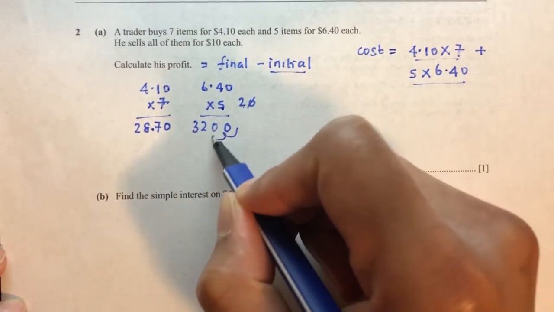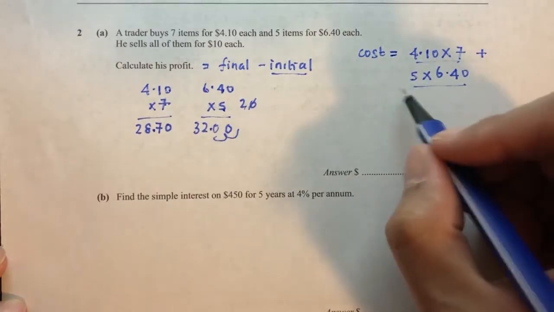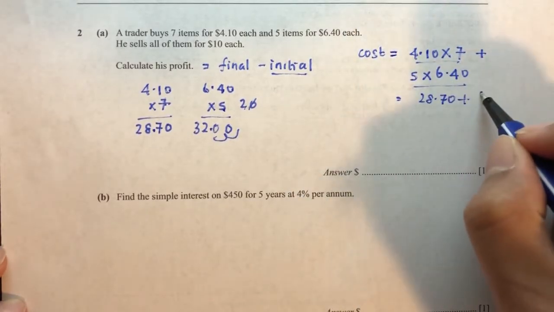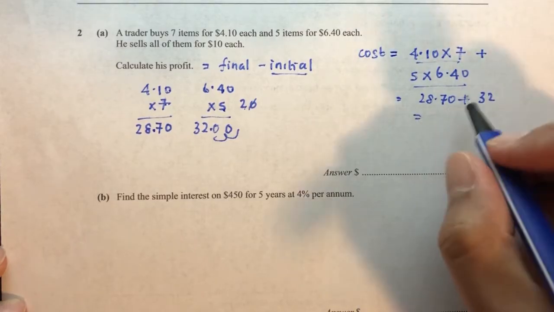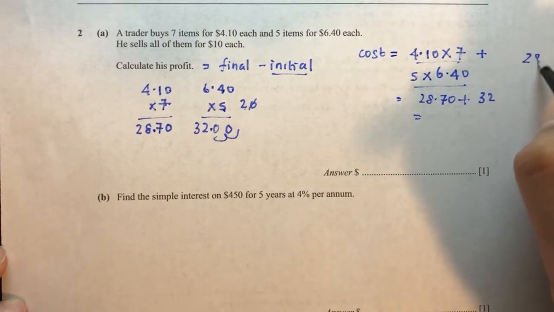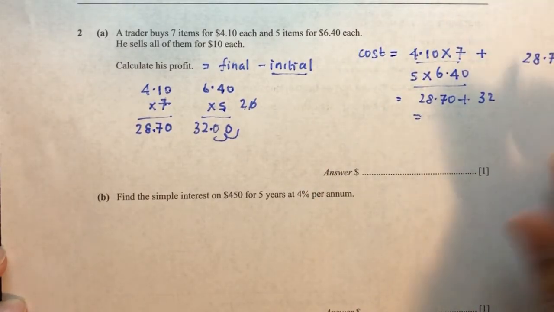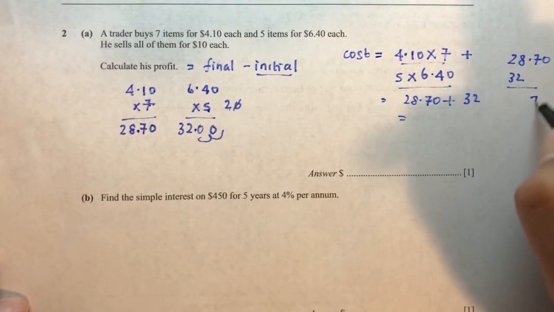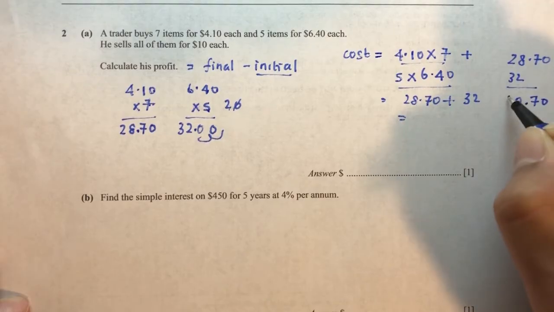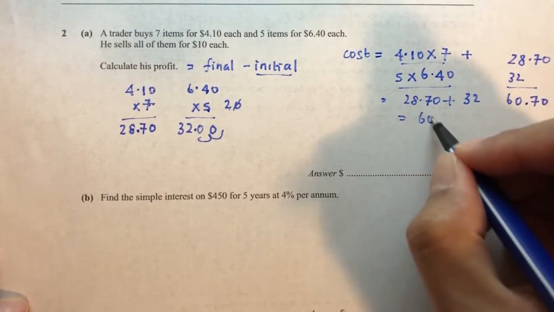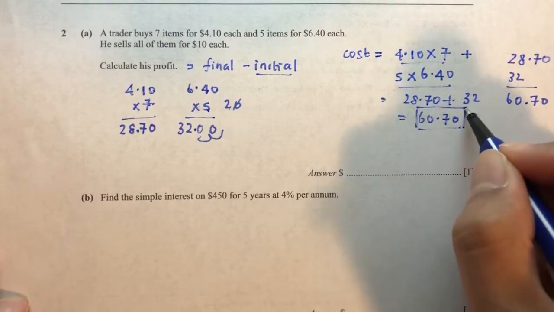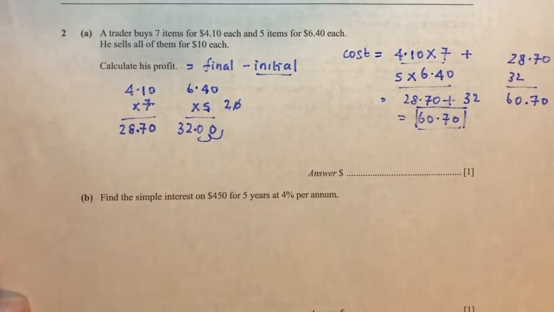And we have 2 decimal places, so it will be here. So this will become 28.70 plus 32, which will give you 60.70. So that is the cost of the items that he purchased.